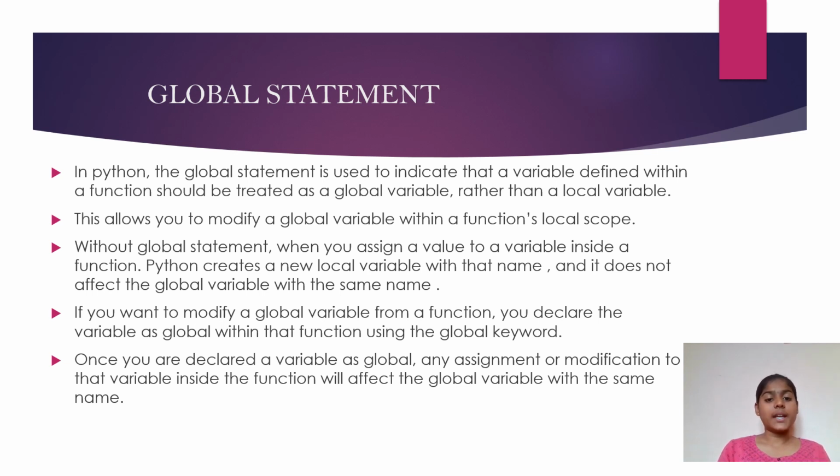Without the global statement, when you assign a value to a variable inside a function, Python creates a new local variable with that name, and it does not affect the global variable with the same name. If you want to modify a global variable from a function, you declare the variable as global within the function using the global keyword.